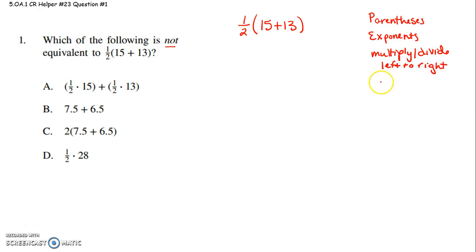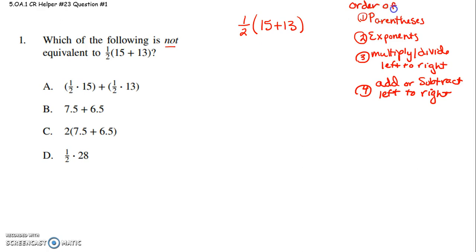And then your last step will be to add or subtract, left to right. Those are called our order of operations. Anytime we are simplifying an expression, we follow our order of operations. It's the rules we play by, so everybody comes up with the same answer.